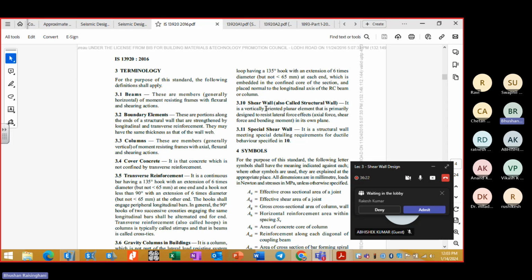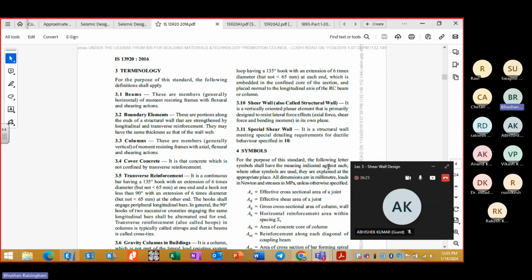A shear wall is always there to resist the shear forces, that are the lateral forces of the earthquake. It can also take the axial force as well as the bending moment, but in which direction it will take, that is very critical. It is in its own plane; out of plane it is not going to take the forces.